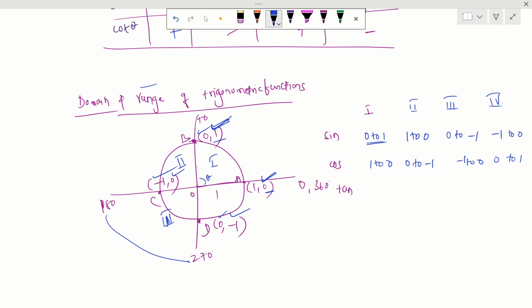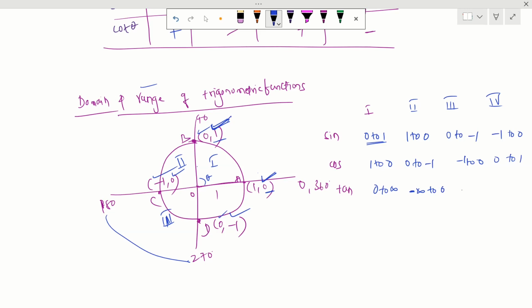And what about tan? In the first quadrant, tan increases from 0 to infinity, right? Tan 0 is 0 and tan 90 is infinity. What about the second quadrant? It goes from minus infinity to 0.